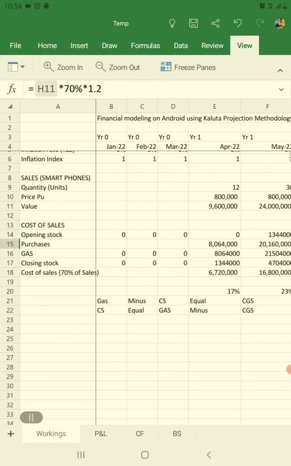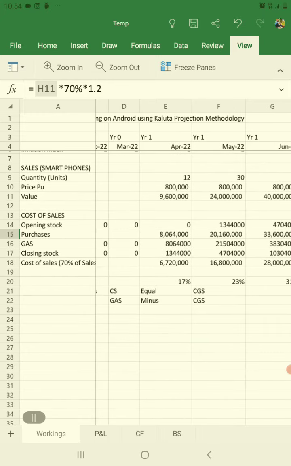But because I have a closing stock here, this figure is going to be added on top of the 20% markup I put here in the next month. If you come here, I put 20% markup by multiplying by 1.2, as you can see in the formula bar there.